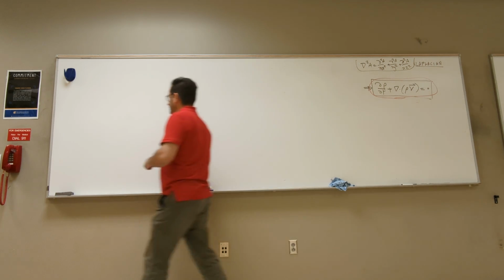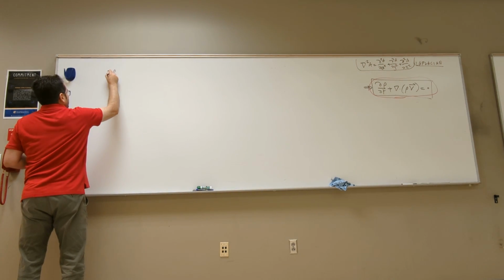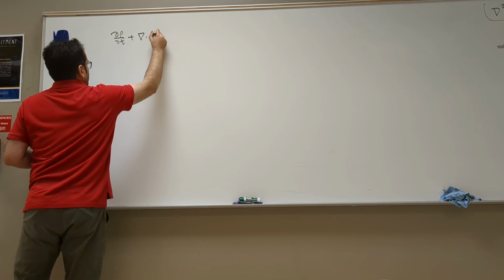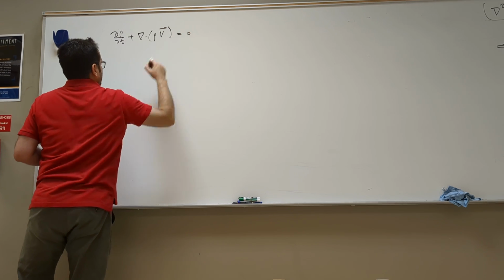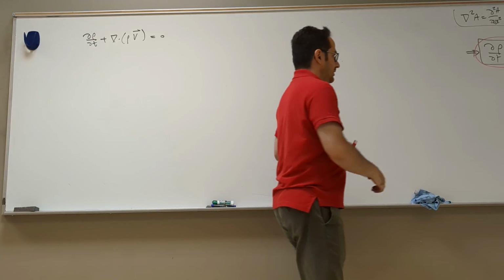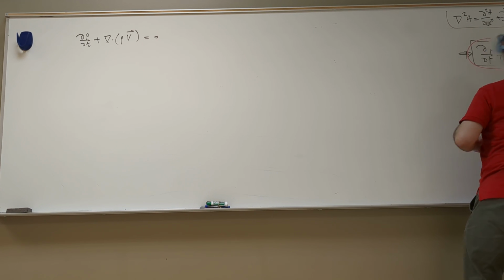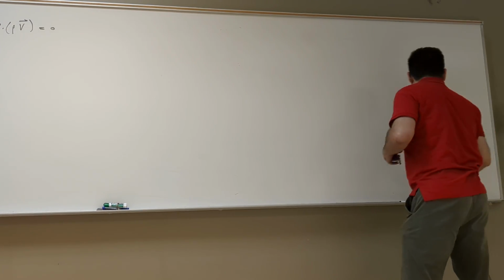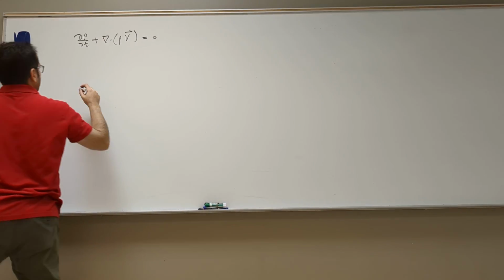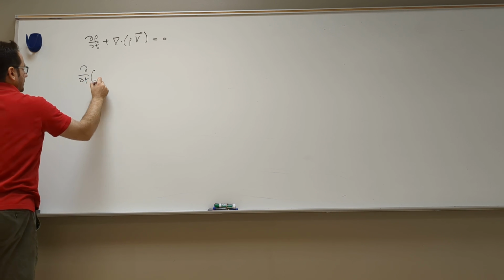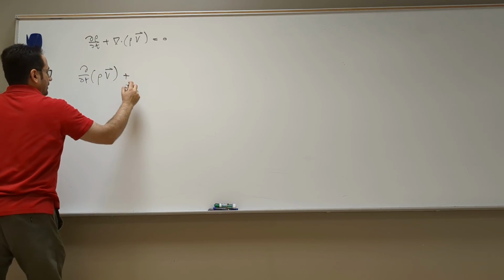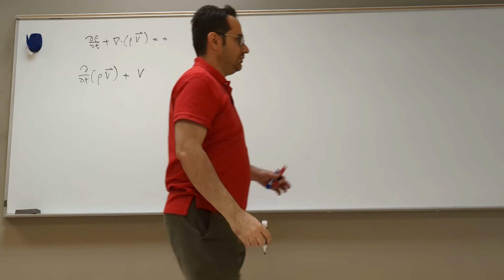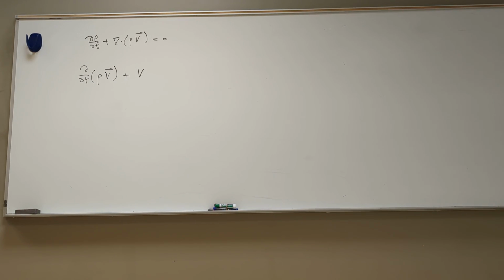So this first equation, ∂ρ/∂t plus divergence ρv is equal to 0, conservation of mass. And the second one, ∂/∂t of ρv plus v. I'm sorry, I already simplified it. Where did I put the final form?